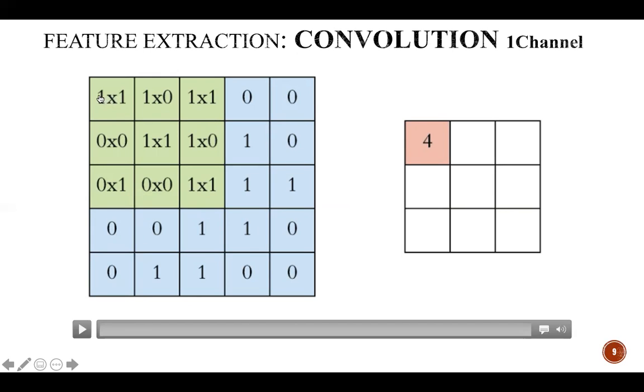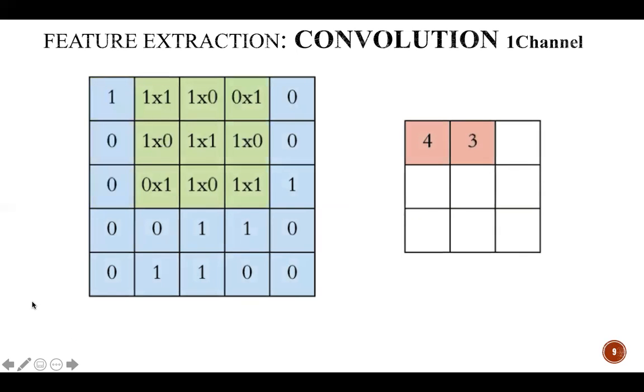So when you multiply, just as I said, it's element-wise: 1 multiplied by 1 gives you 1, 0, 1, 0, 1, 0, and so on. Then you add them all, and it's 4, because you have 1, 2, 3, 4, and the rest is 0. And you do this for the rest of your matrix.